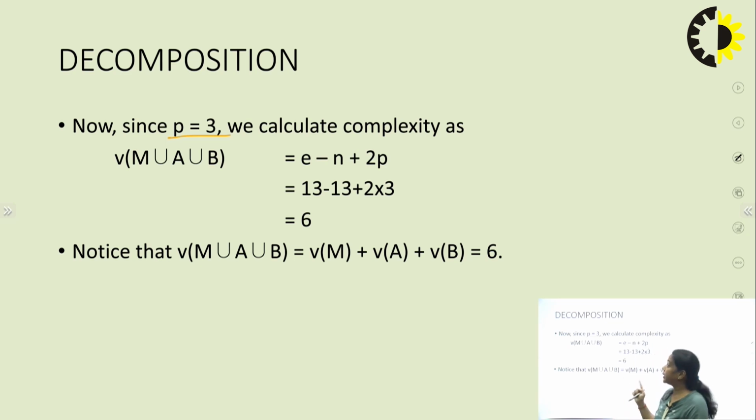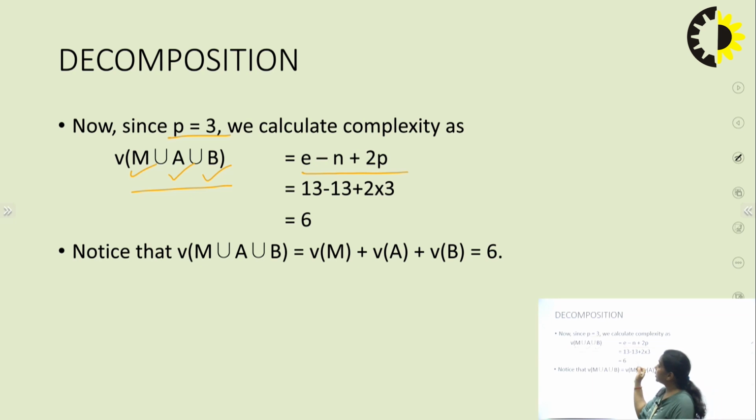So the connected components are also 3. We calculate the complexity of M, the complexity of A and of B, and the union of all these gives us the complexity. The complexity formula is this.